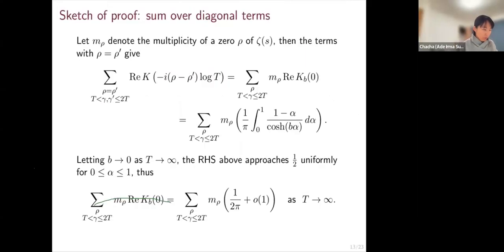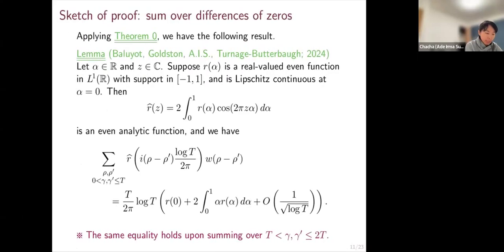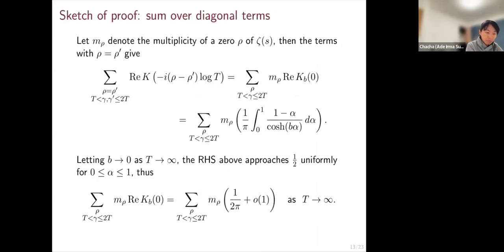Okay, going to the main idea, if we denote the multiplicity of a non-trivial zero rho by m_rho, and I go back to my lemma and take here instead my K_b, sorry, I forgot to put b here.